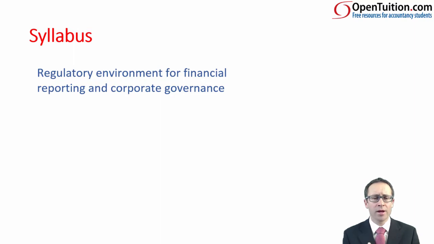Those 3 chapters look at essentially why we have a regulatory environment, and how that regulatory environment is adopted. Essentially, who monitors what goes on within the accounting profession, and what happens if we are not following the rules within that regulatory environment.